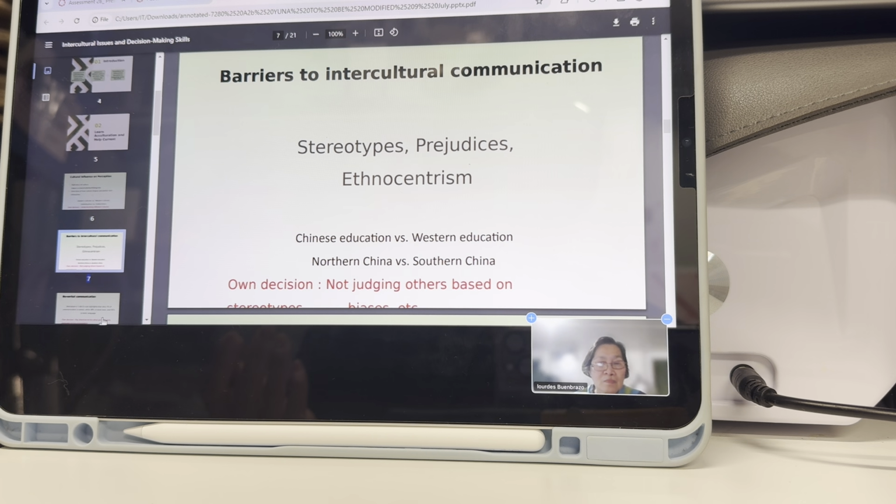I think this is a stereotype. Even in China, in the same country, there are biases. Northern people think Northern people like to be officers, and Southern people like to do business. So knowing these barriers requires me to approach people from different cultures without stereotypes and with an understanding of each other's culture.